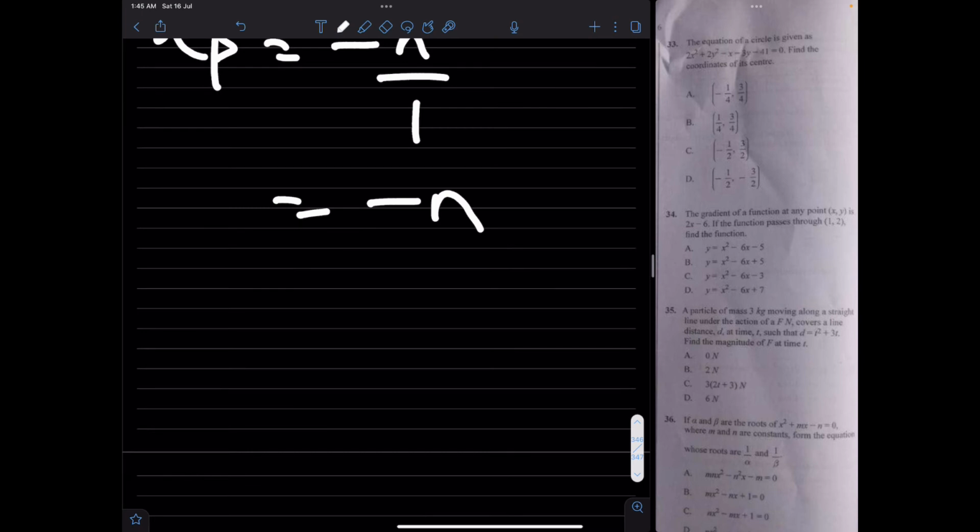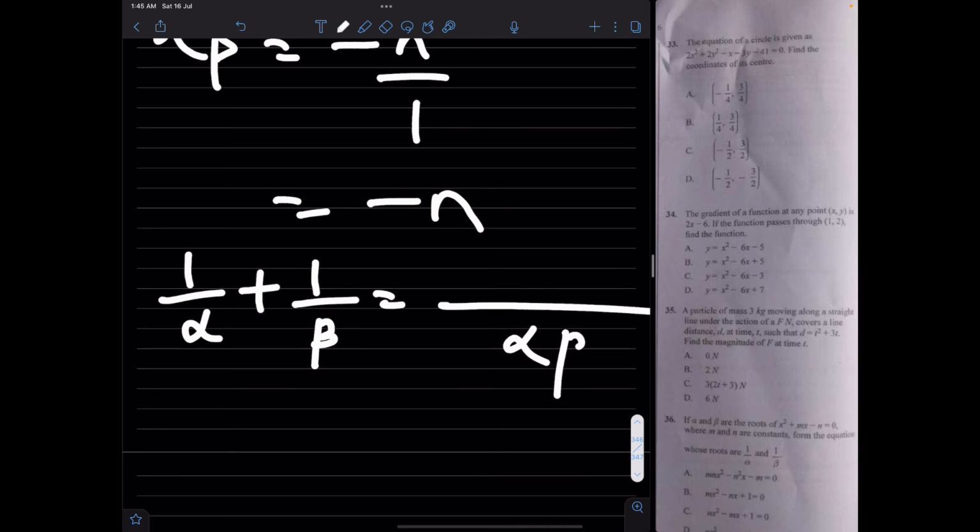Now what's the equation whose roots are 1 over alpha and 1 over beta? The sum of the new roots is 1 over alpha plus 1 over beta. The LCM is alpha beta.